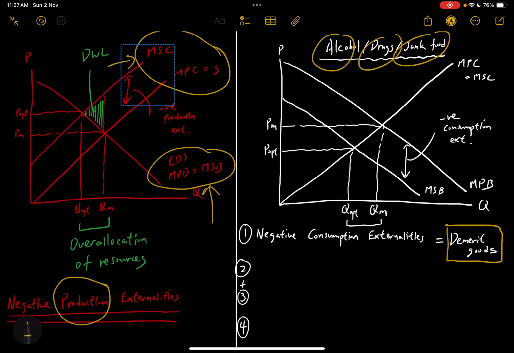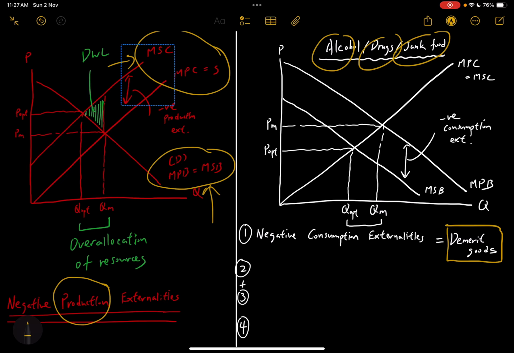Drugs, something similar might happen. Junk food might increase the burden to our healthcare system, because you get sick and then you always have to go see a doctor, but you just keep eating. You see what I mean? So that is pretty much what we're going to focus on today, for negative consumption externalities.